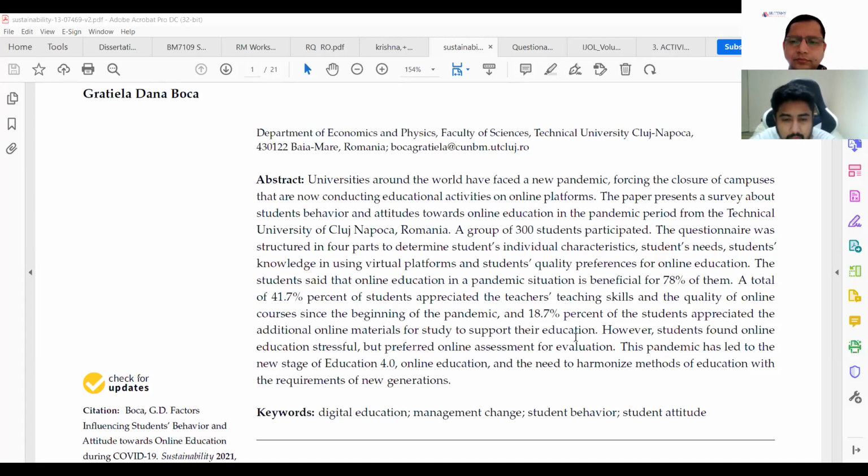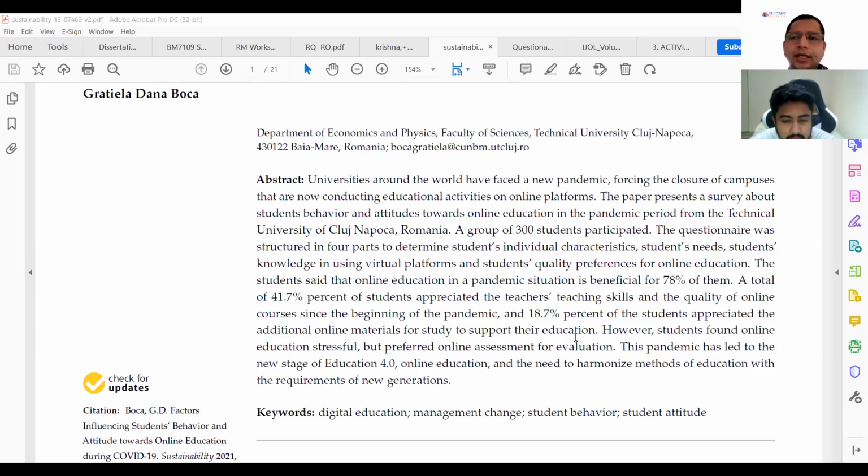However, students found online education stressful but preferred online assessment for evaluation. This pandemic has led to the new stage of Education 4.0, online education, and the need to harmonize methods of education with the requirements of new generations.